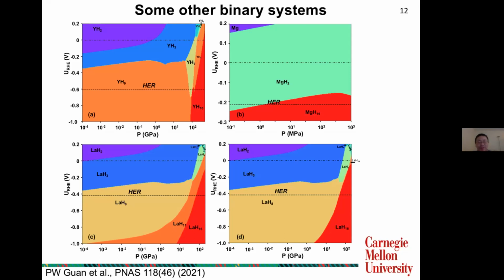I think the change is more on the hydrogen side. The hydrogen will have higher energy, so it will change the structure of the metal, but it's not a direct effect. Yeah, I'm just wondering, the superhydride typically has a very different metal sublattice compared with the pure metal itself, right?